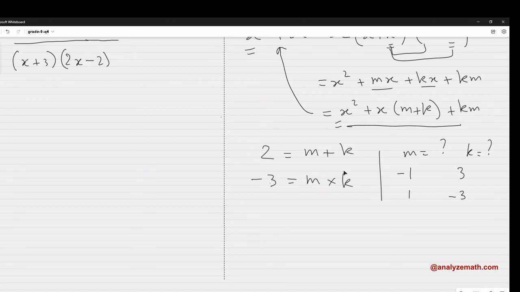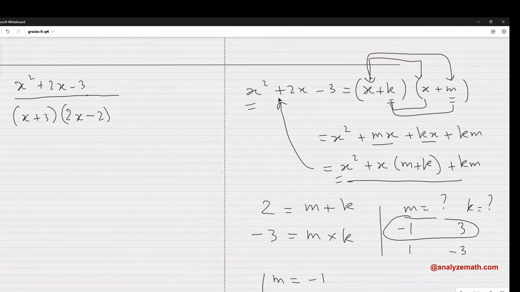So this is the product. Both of them check the product. Do both of them check the sum? Let's see. Negative 1 plus 3 gives me 2, but the other one doesn't give me 2. So the solution is this, and I can take m equal to negative 1, k equal to 3.